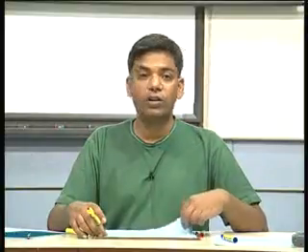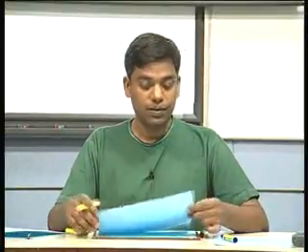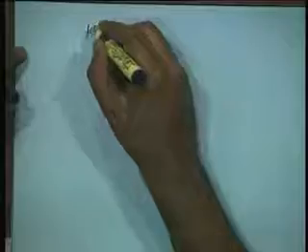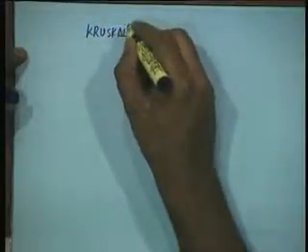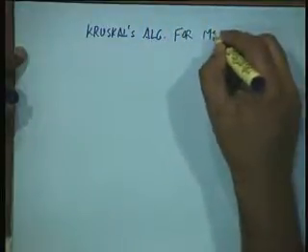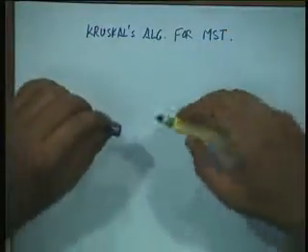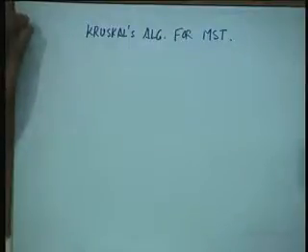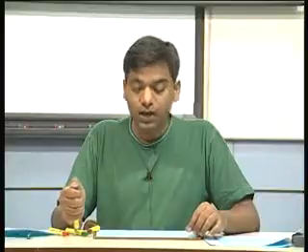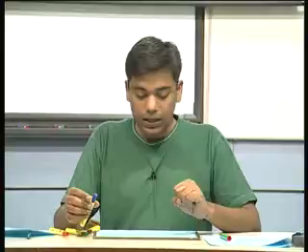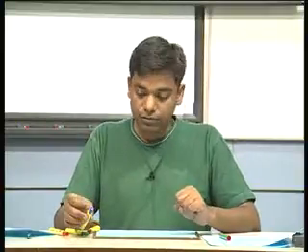Okay? So we are going to look at a different algorithm for computing the minimum spanning tree, and the algorithm we are going to look at is called Kruskal's algorithm. Okay? So we are looking at Kruskal's algorithm for minimum spanning tree. It's actually a very simple algorithm. Let me illustrate it on the same graph that we had before.